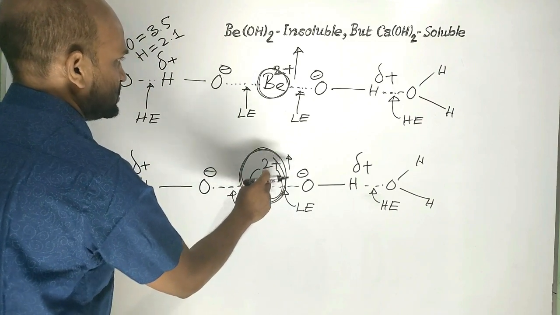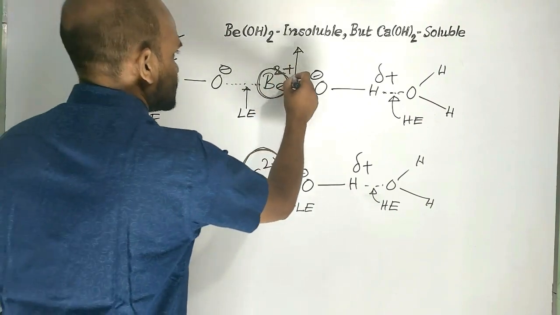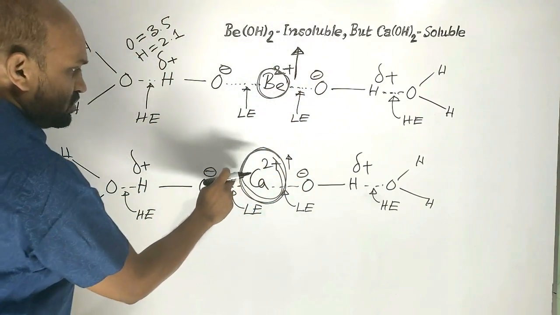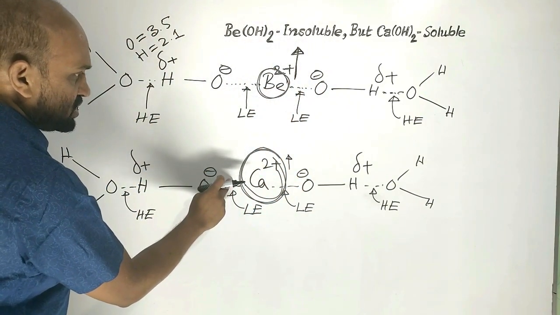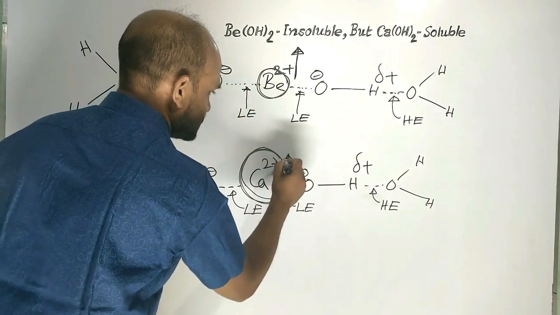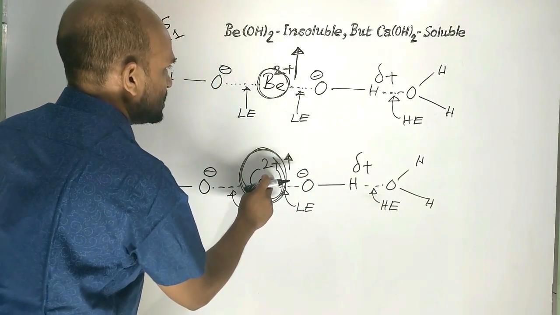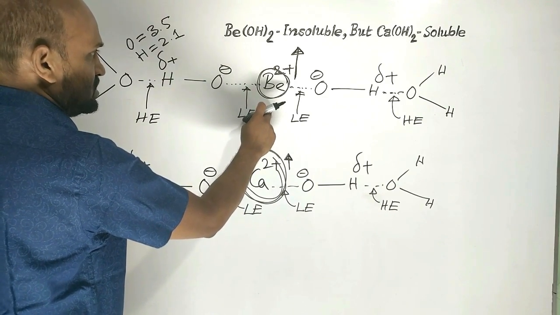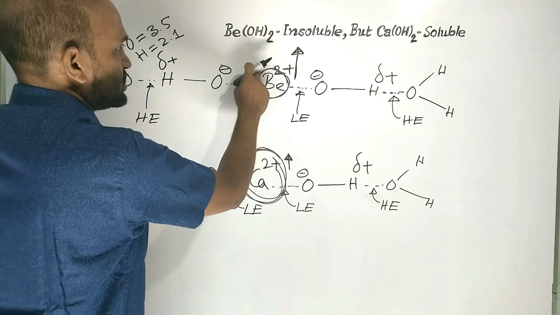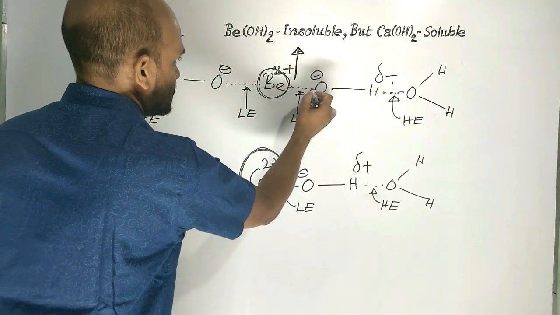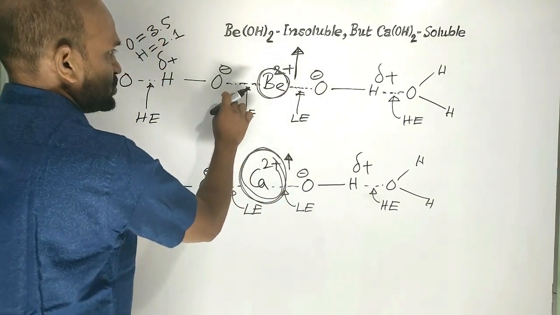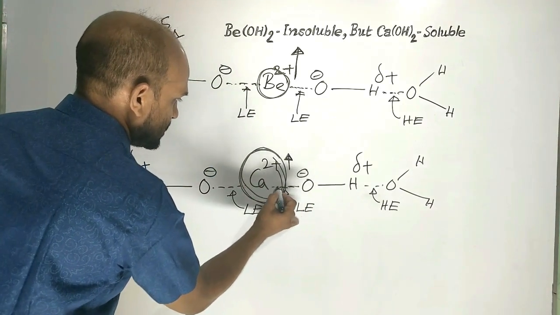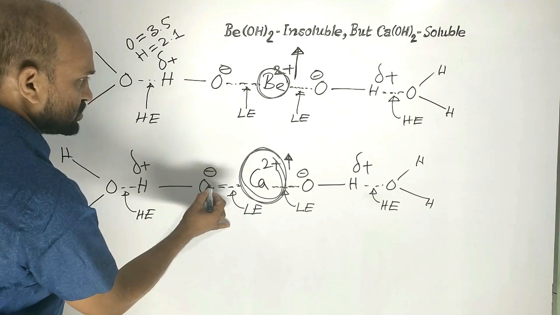That is, in case of beryllium, positive charge density is higher, but in case of calcium 2 plus ion, charge density is not higher compared to beryllium ion. So the more the charge density, the higher the attraction force. The less the charge density, the less the attraction force.